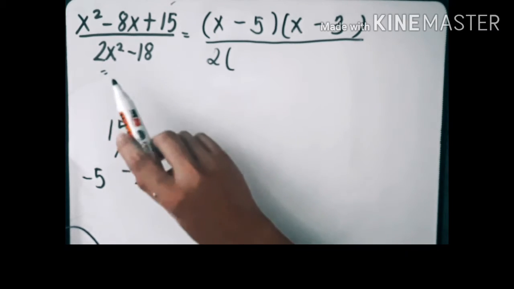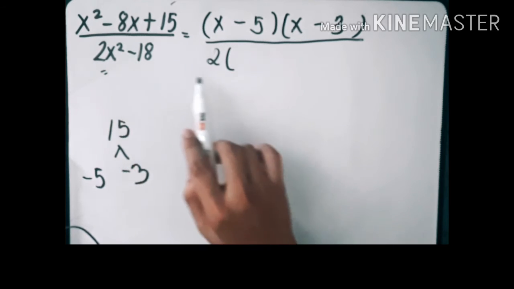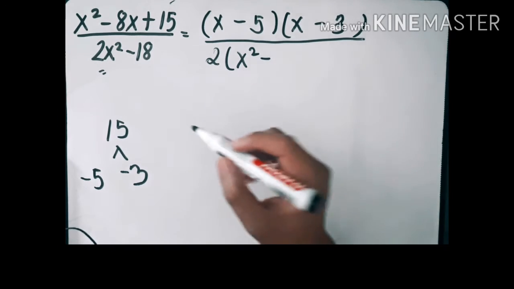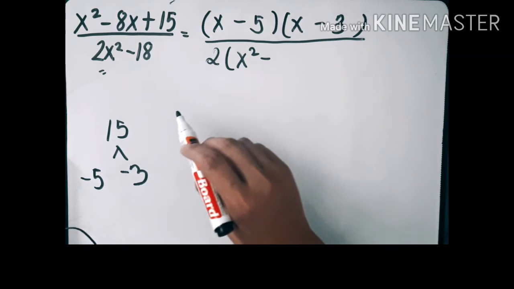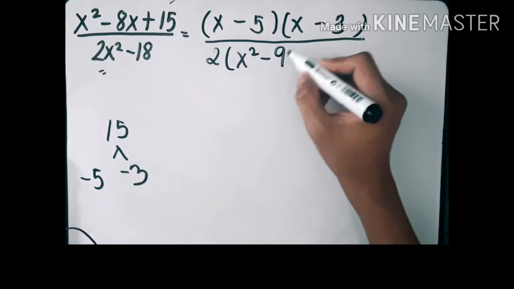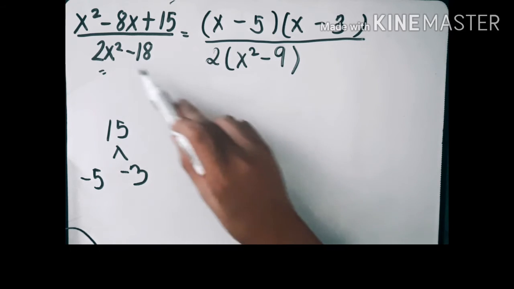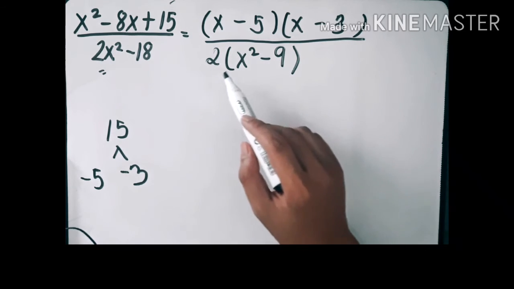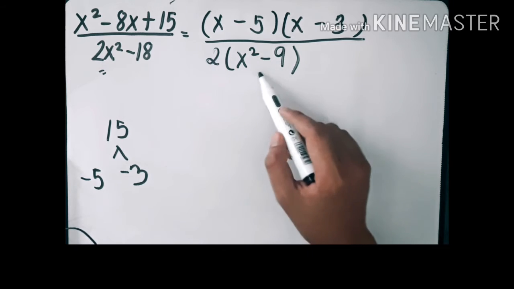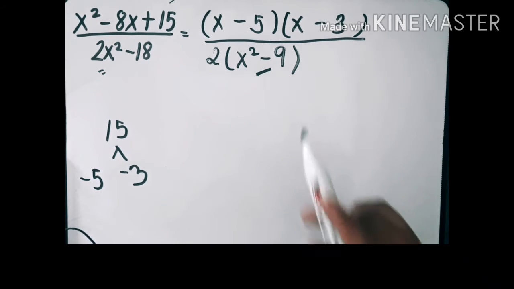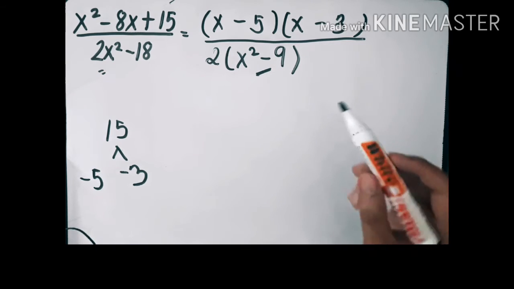And 2x squared divided by 2 is x squared, minus 18 divided by 2 is 9. Nung pinactor na natin siya, mapapansin mo na ito ay difference of squares na. So, gagamitan natin siya ng difference of squares technique.